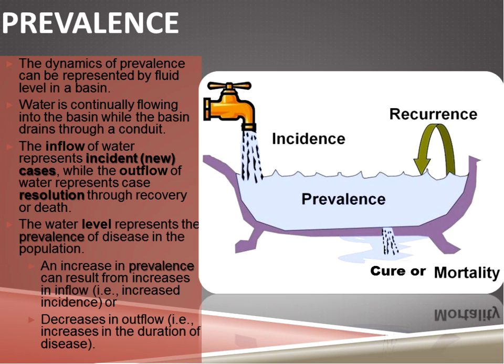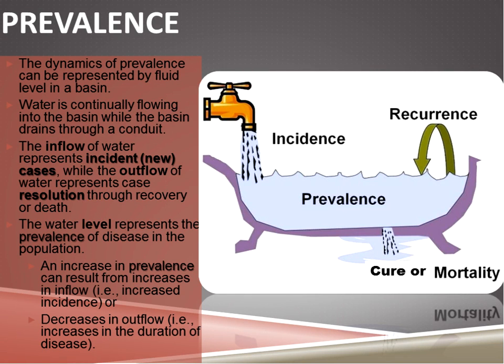Incidents are new cases that occurred within a certain time period, while the outflow represents your resolution, whether you have passed away or you've recovered. The water level represents the prevalence of a disease in a population. The increase in prevalence can result from increases in inflow, that's an increase in the number of incidents, or the increase in prevalence can occur if you have a decrease in the outflow.